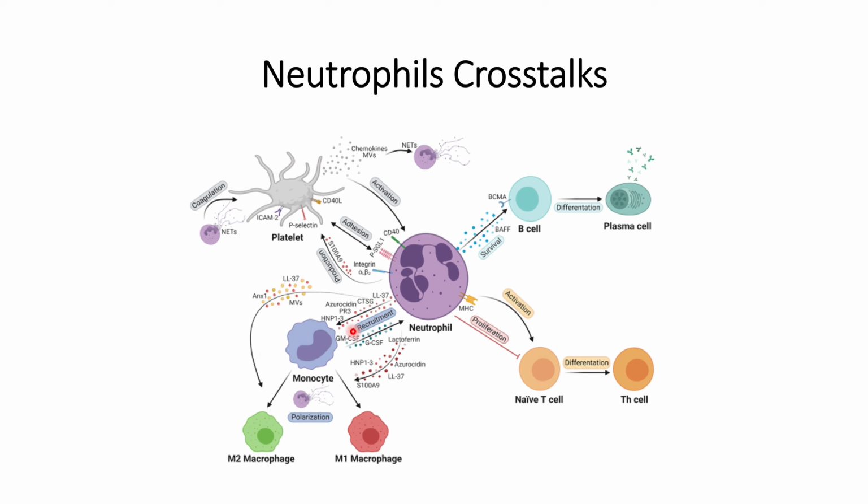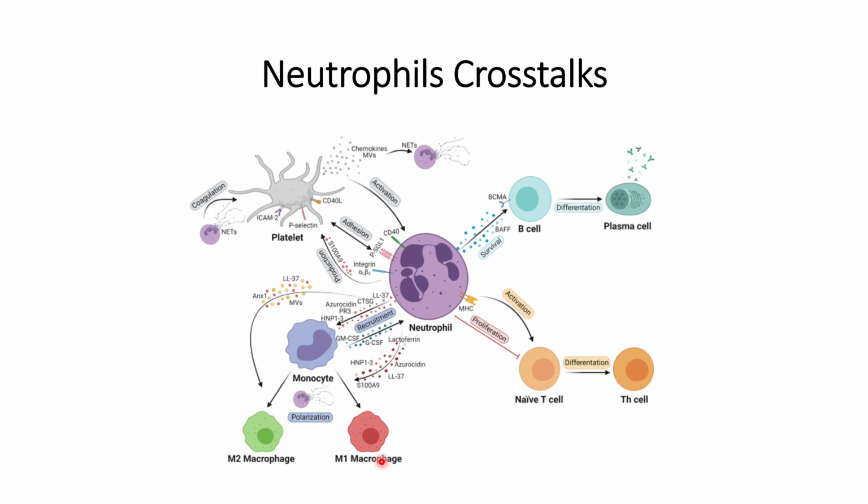The monocytes, as we have discussed in our previous videos, can differentiate into either the M1 phase or the M2 phase. In the M1 phase, they act as anti-tumorigenic, whereas the M2 macrophage phenotype acts as pro-tumorigenic, helping in the proliferation and immune evasion of the tumor cells.